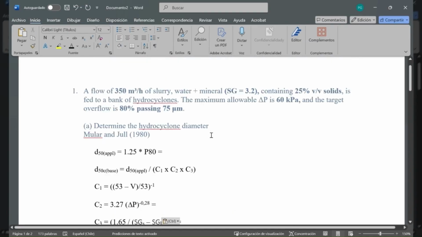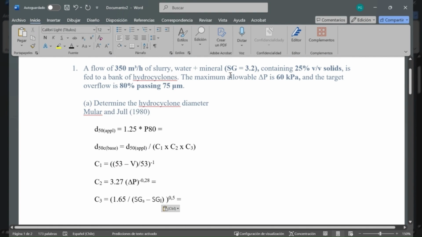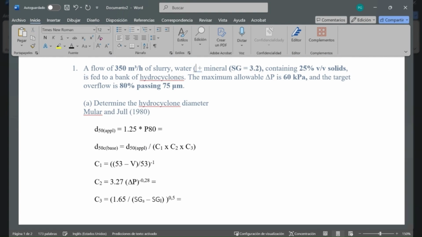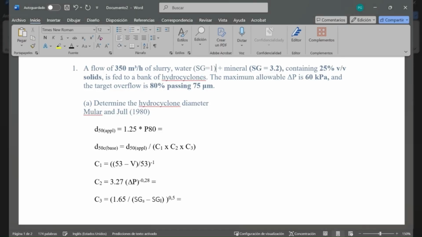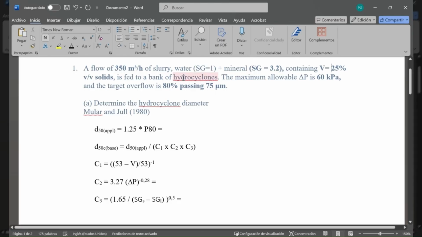We have all the data that we need: since it's water, we know the specific gravity of water is 1. We have the volume percentage, the P80, and the pressure drop as well.